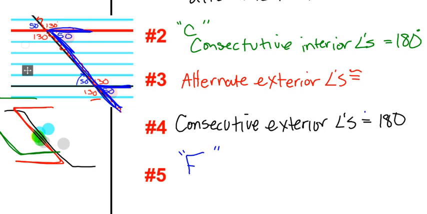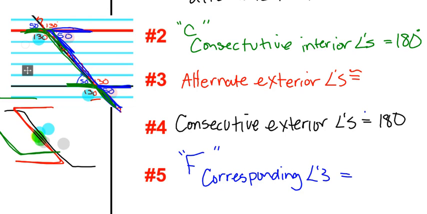If I flip that over and I do the corresponding angles on the other side, the 130 below and below right there, notice I have my backwards F outlining those two angles right there. Those are also 130. All corresponding angles are always going to be congruent to each other.